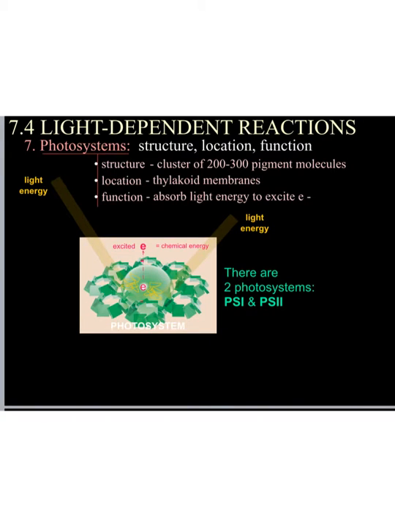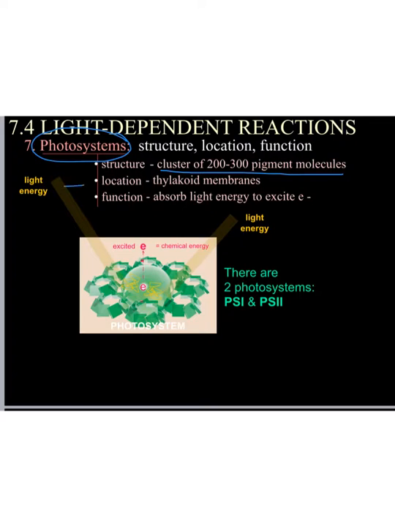All right, so the first thing that has to happen is we have to have these pigments that are going to absorb that light energy from the sun. So we use what are called photosystems, which are basically just clusters of the pigment molecules. We take about 200 or 300 of those chlorophyll A or chlorophyll B or accessory pigment molecules, and we group them together into what we call a photosystem.